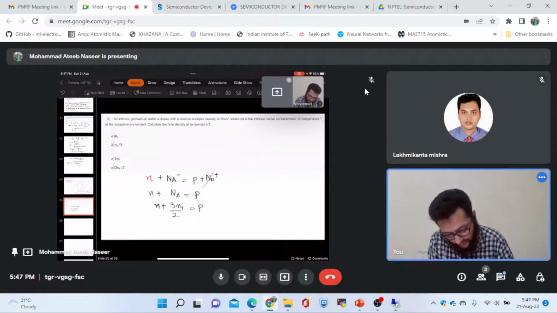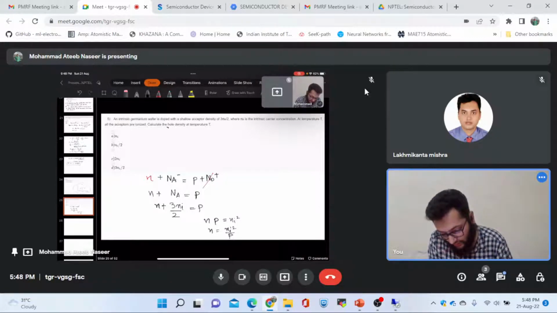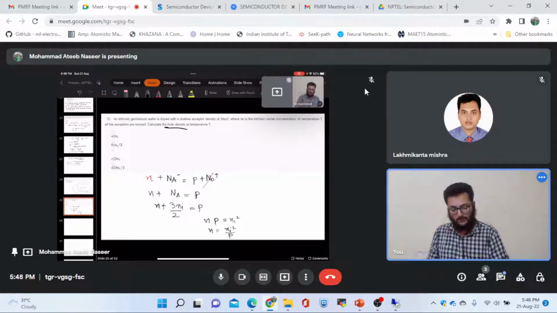We will be using N into P is equal to Ni squared, and we can simply replace N by Ni squared by P, since we are required to find the hole density. That's why we write it in terms of P.